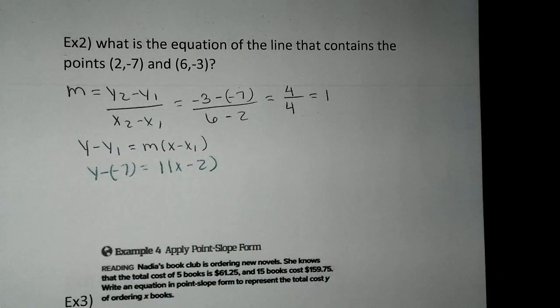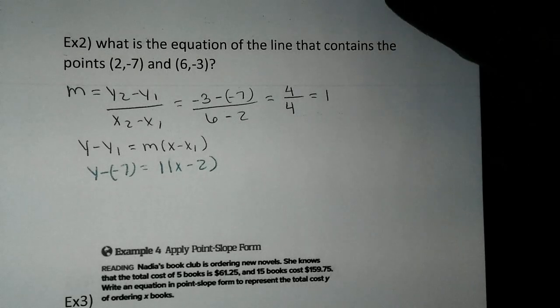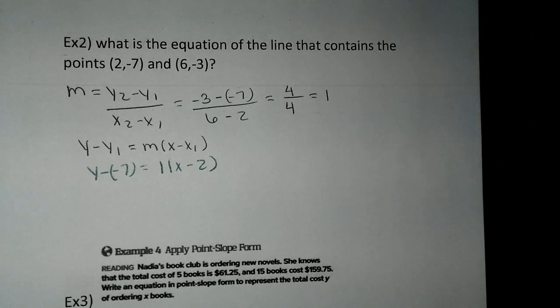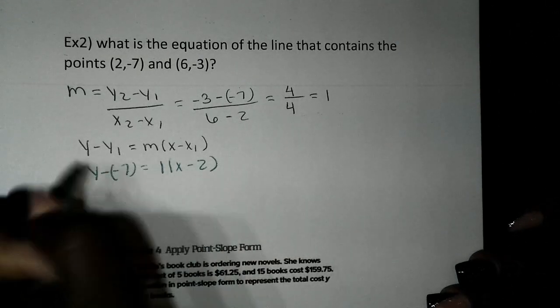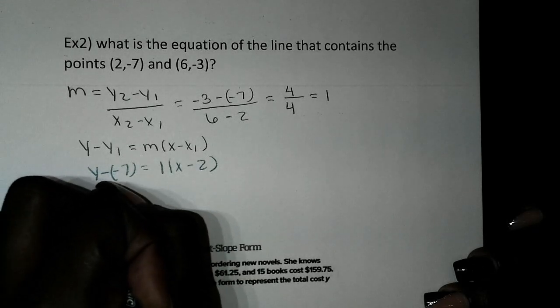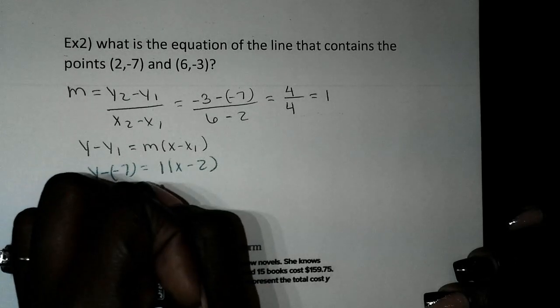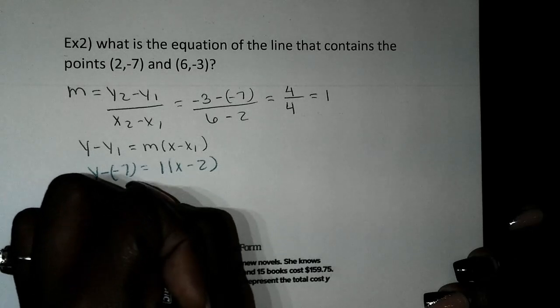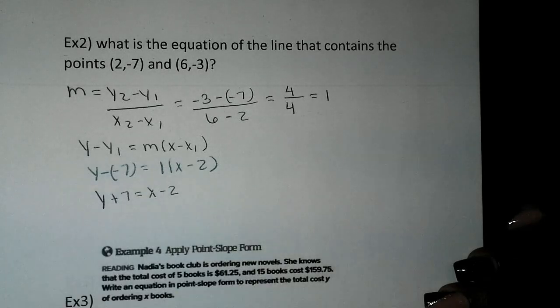This is point slope form, and then we want to put it in slope form. So that becomes y plus 7 equals, condensing it, x minus 2.